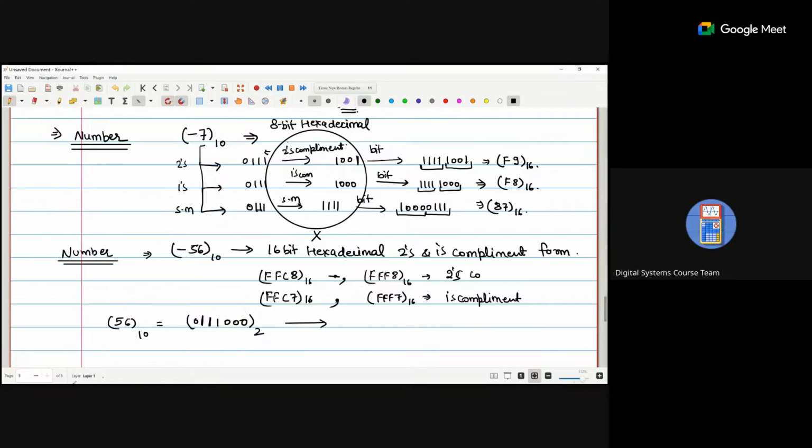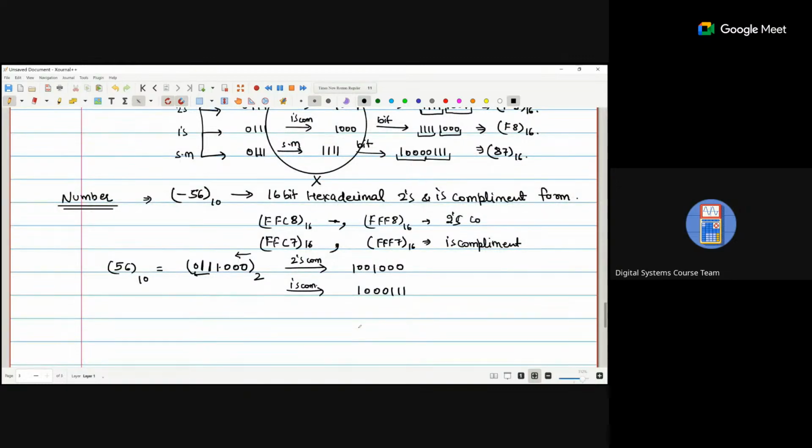Now take the 2's complement or 1's complement. What is the method of 2's complement? Start from the right till the first one, no changes. After that, every bit will be flipped. And in 1's complement, all bits are flipped. So this is minus 56.